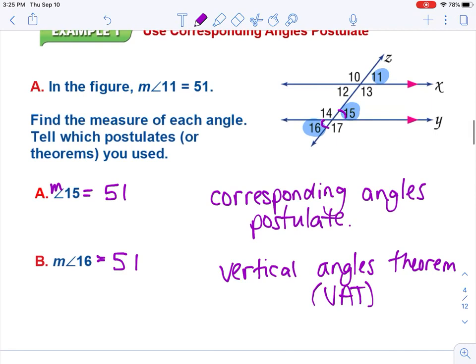Now I do want to point out that when you are writing these out, you must write the whole thing. If you simply write corresponding, you're only stating that angle 11 and angle 15 are corresponding. You're not stating anything about their congruence. So you must write corresponding angles postulate for anybody to know that they are congruent based on that.